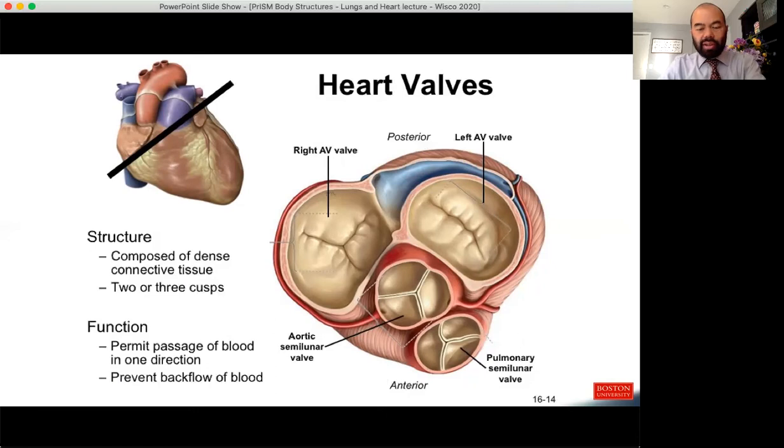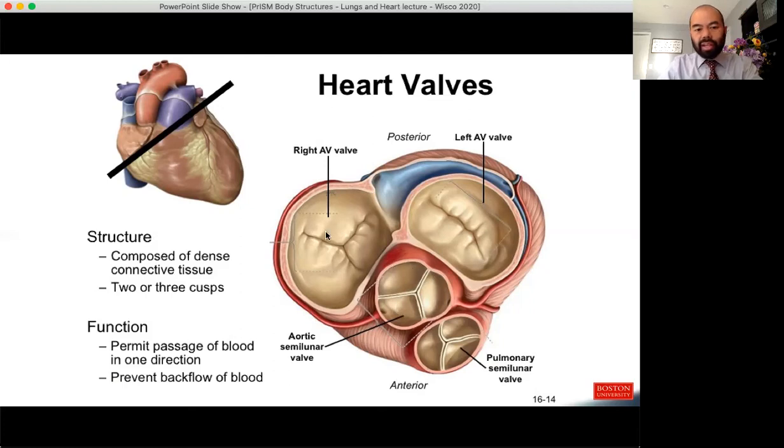But to note is the arrangement of the valves. Because the right ventricle is the chamber in the most anterior portion of the heart, the pulmonary semilunar valve would, of course, be the most anterior of the valves. And here it is here. Then going posteriorly, we have the aortic semilunar valve.